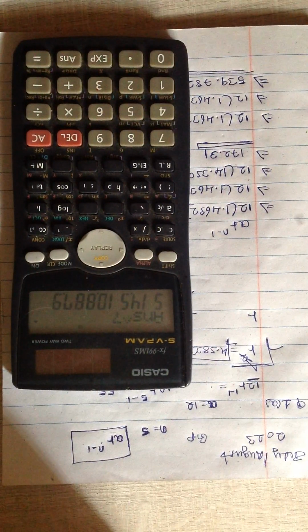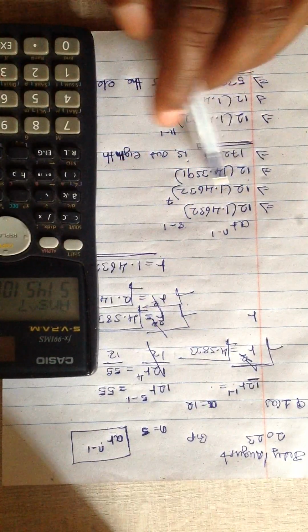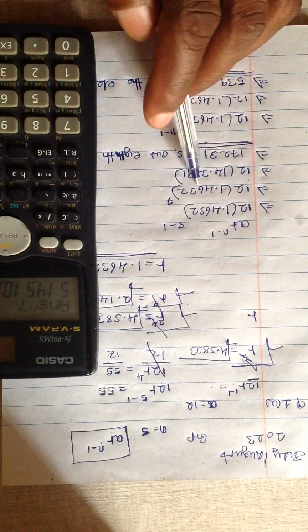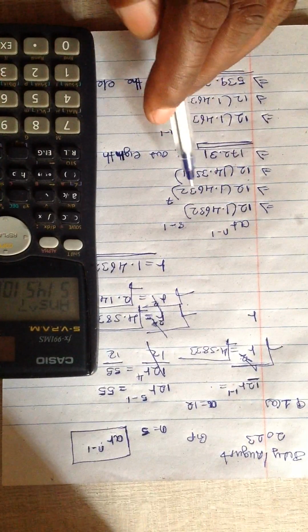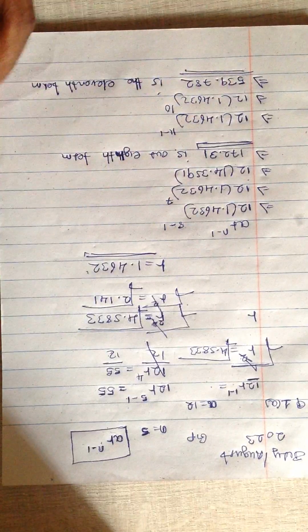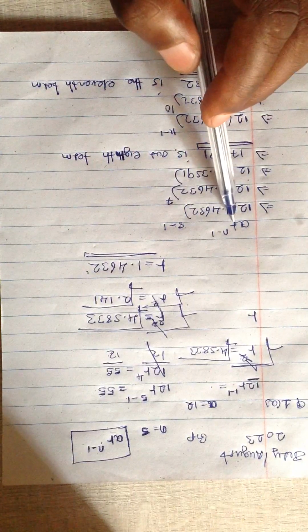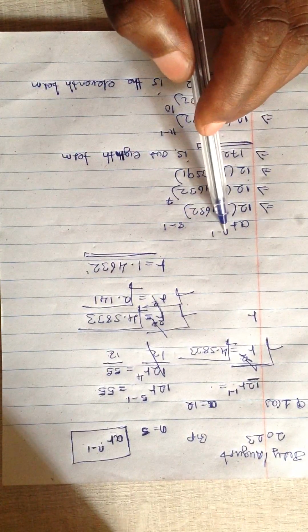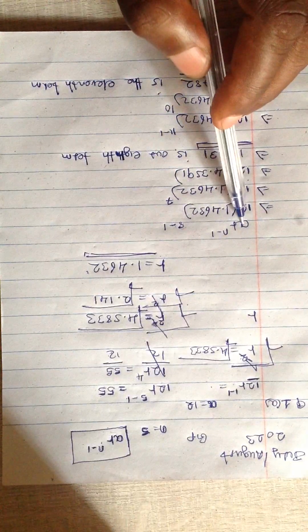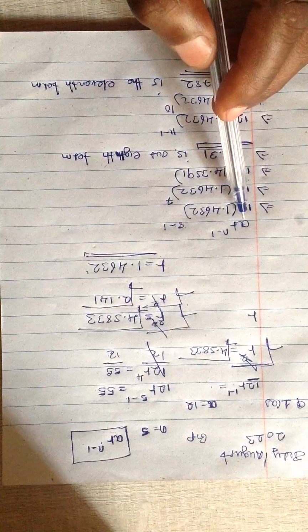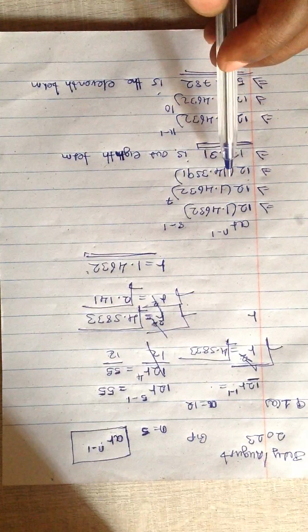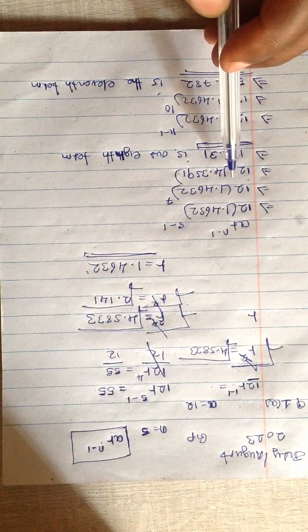No, I'll multiply, then the answer that I'll get will be raised power. No. 12 is not raised power. 12 is not into the 1.46. The 1.46 is the common ratio, and it is the one carrying the power. Like what I said, the common ratio, which is R, is the one carrying this power, which is n minus 1. Not A, not the first term. No. So when it comes to solving, go step by step.